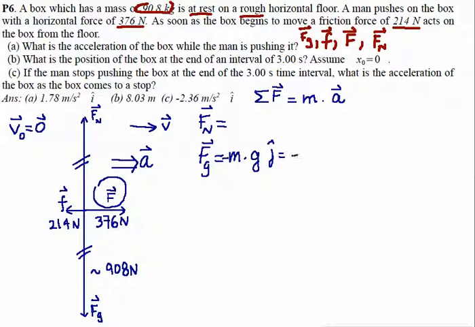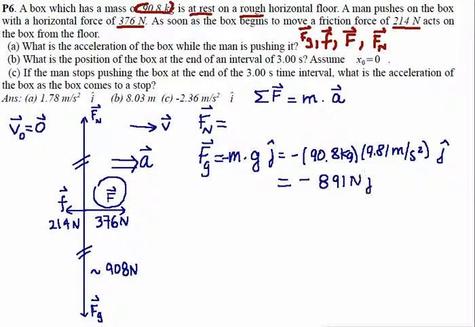So negative 90.8 kilograms times 9.81 meters per second squared j hat, which is equal to negative 891 newtons j hat.